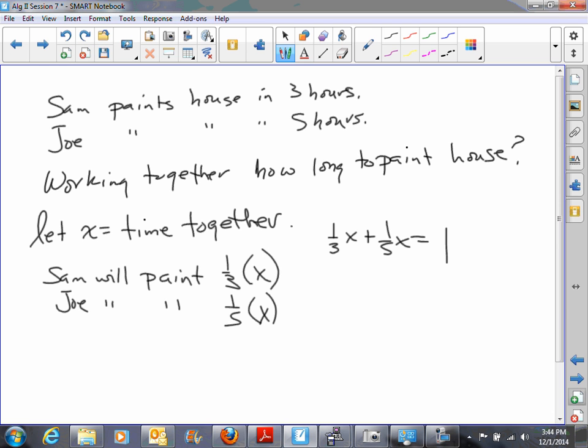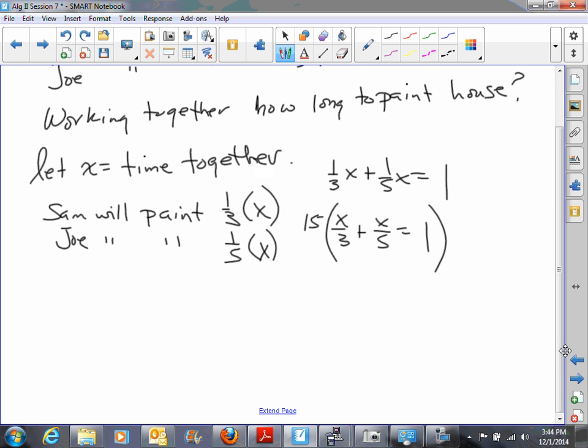Now, once again, this is a rational equation because we have x over 3 plus x over 5 is equal to 1. The lowest common multiple of 3 and 5 is 15. So if we multiply 15 by x over 3, we get 5x. If we multiply x over 5 by 15, we get 3x.